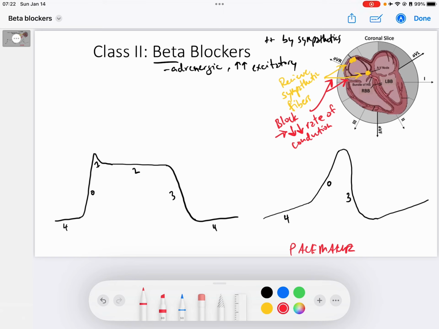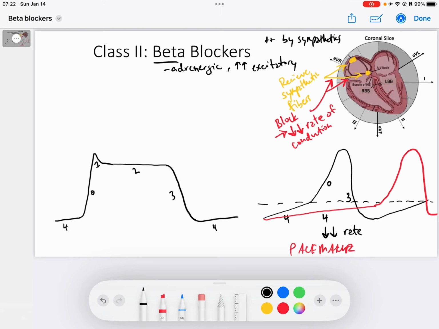Phase 4 will become less sloped upward, and it'll take longer to reach threshold potential and produce the upstroke. If you don't understand threshold potential, you can check out one of my previous videos. So we prolong phase 4, and that is going to decrease the rate.